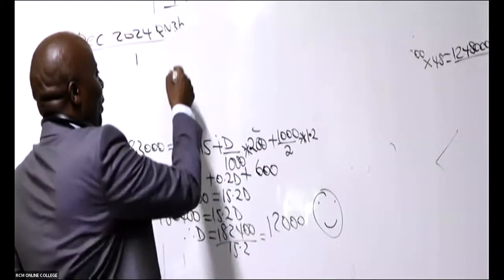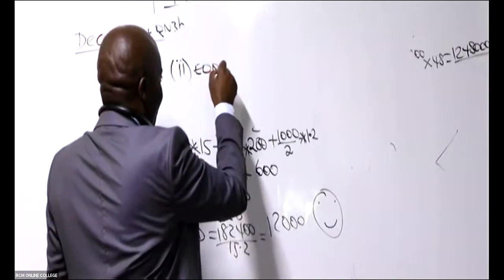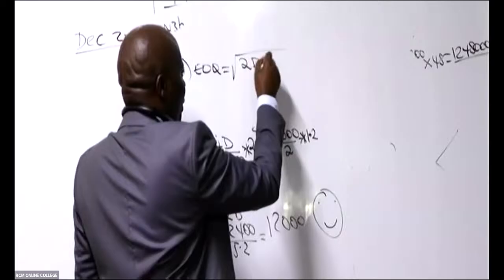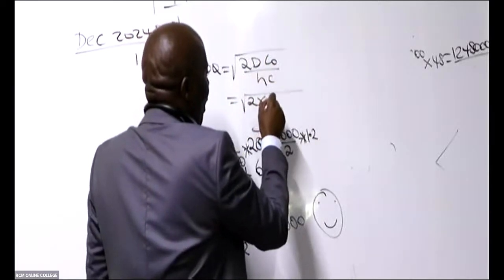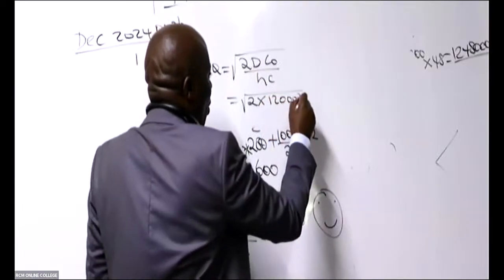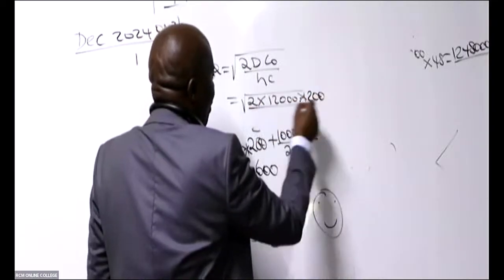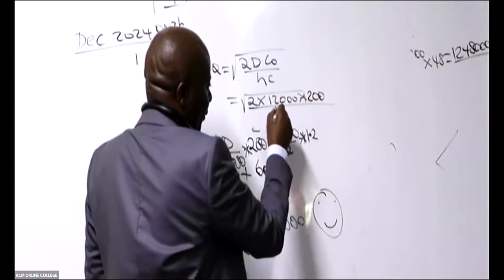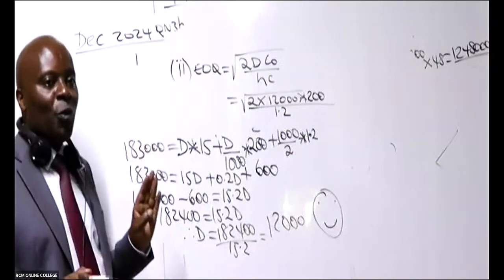Let me do it. So EOQ will be the square root of 2DCo over Hc. Annual demand, you gave me a figure of 12,000, isn't it? How about cost per order? 200. And the holding cost, you guys gave me 1.2, isn't it? Then first of all we forget the square root.